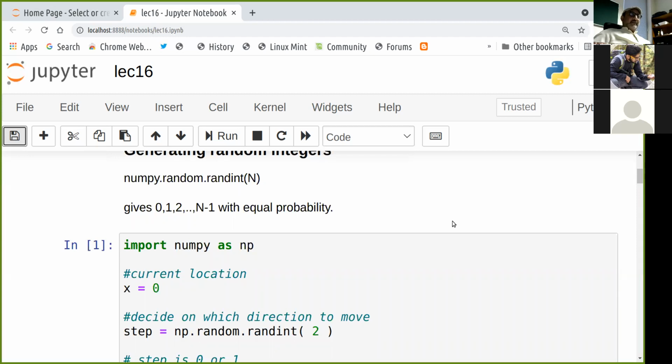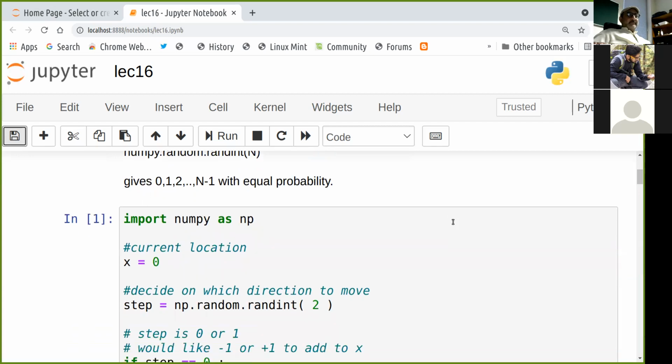That will return either 0 or 1 with equal probability. Now it would be convenient if I take this output from randint, which is 0 or 1, and turn it into an output which is -1 or +1, because then I can add that to my x, and that result will tell me which location I'm at.